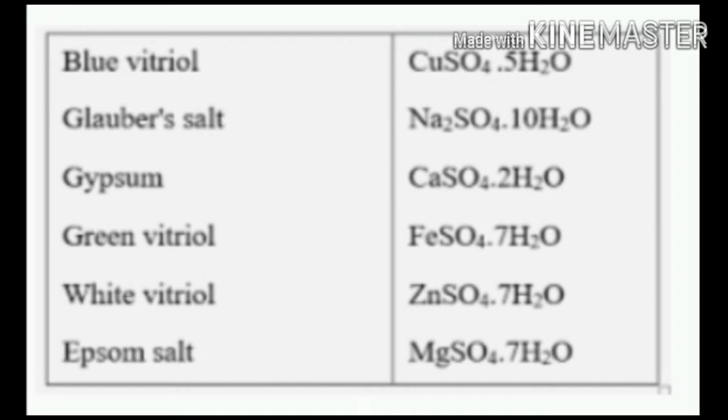Gypsum, that we are going to study next, another hydrated salt, formula is CaSO4 2H2O. Chemically it is called calcium sulfate dihydrate. See another example of ferrous sulfate hydrated, which is commonly known as green vitriol.